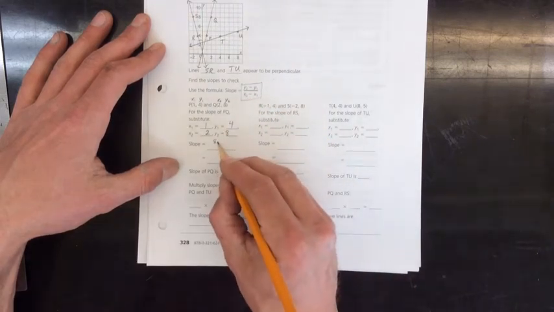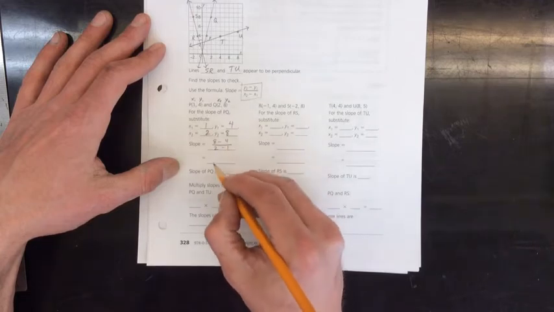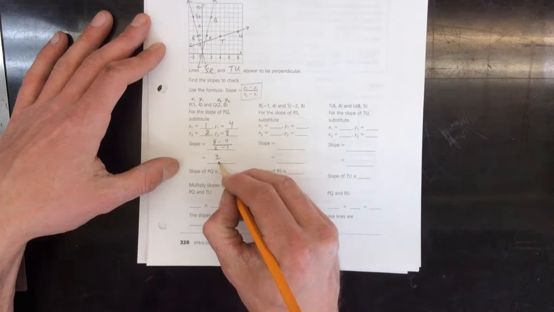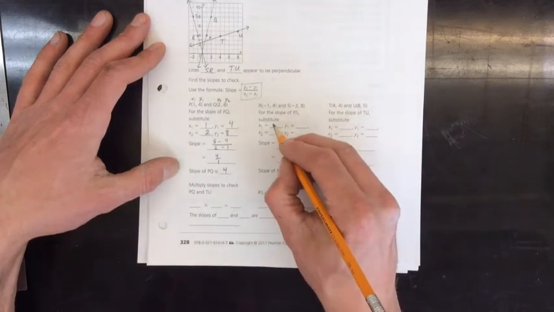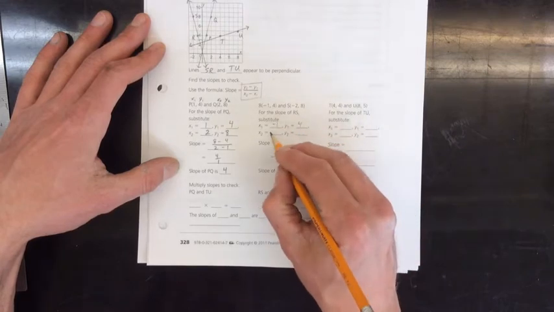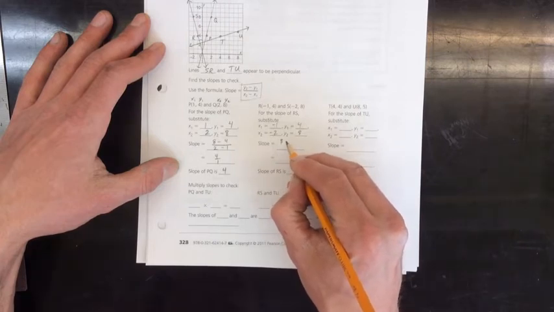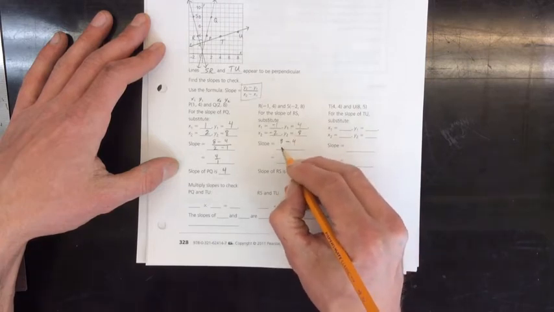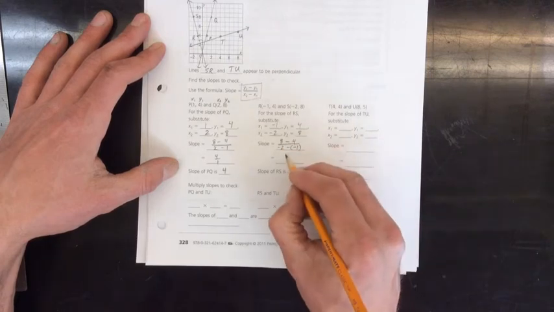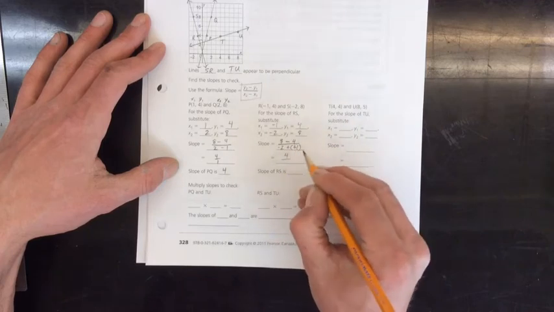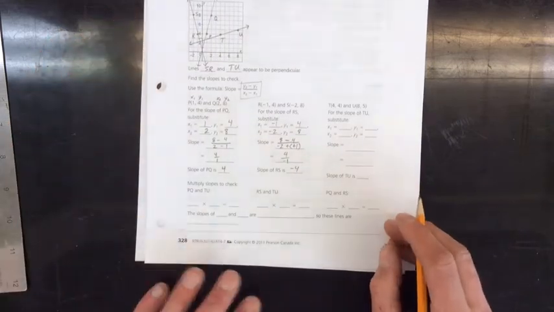So I have 8 minus 4 over 2 minus 1, which is 4 over 1, which is 4. In this case, I'll have negative 1 and 4, negative 2 and 8. I will have 8 minus 4 over negative 2 minus negative 1. 8 minus 4 is 4. Add the opposite. Negative 2 plus 1 is negative 1. So this slope is negative 4.